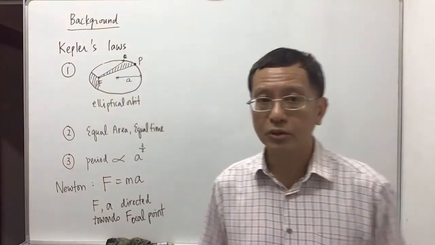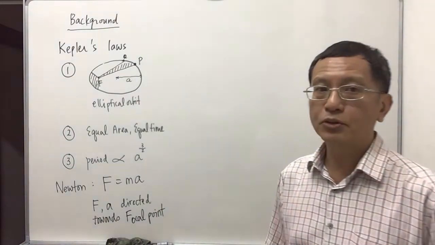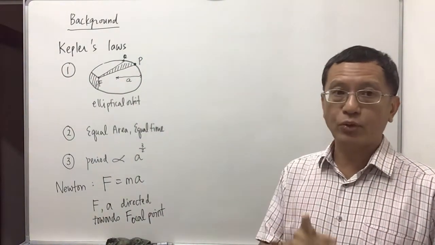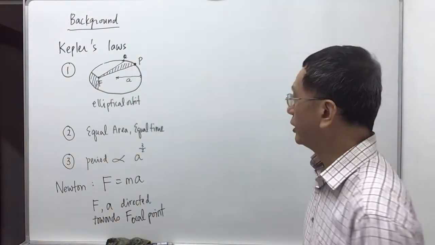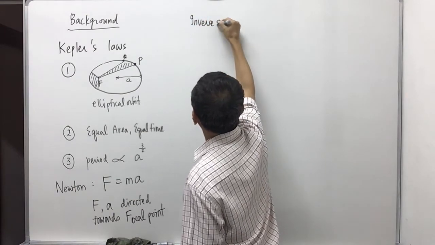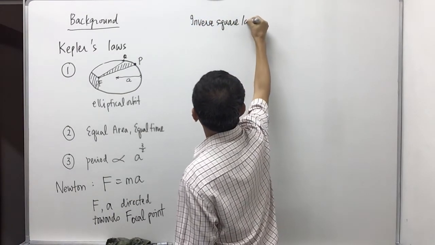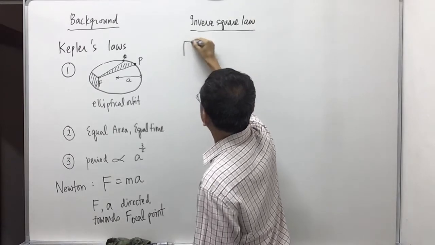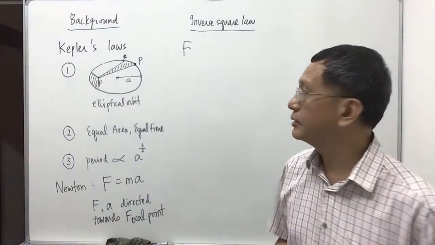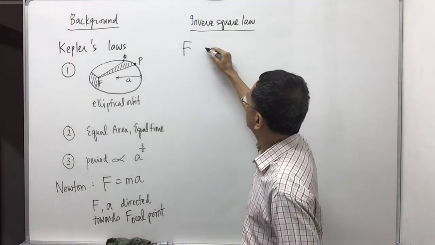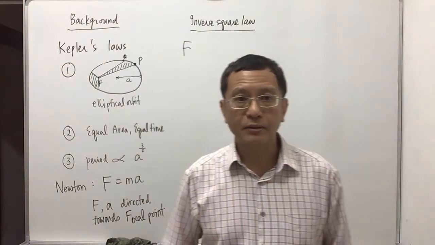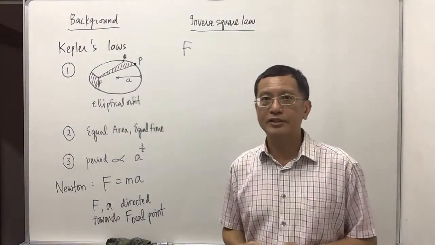But what we want to do today is something extra. We want to know how actually Newton made his discovery of the famous inverse square law. We all learn about this inverse square law. Indeed, Newton's inverse square law can be written as: the force of attraction between the sun and the planet is proportional to the mass of the sun and the planet, but inversely proportional to the square of the distance between them.